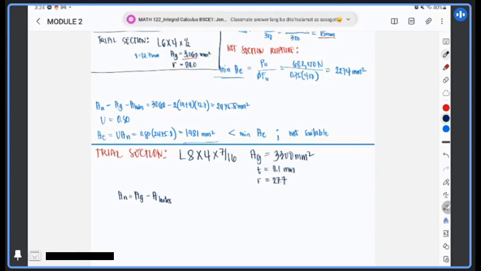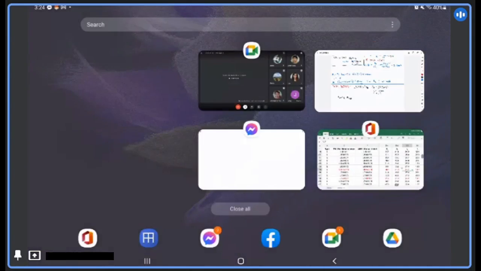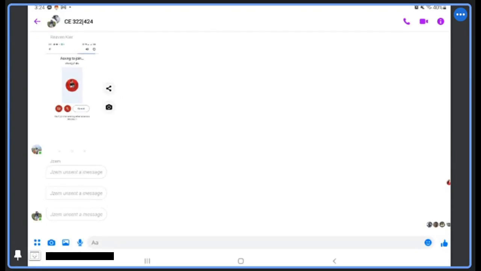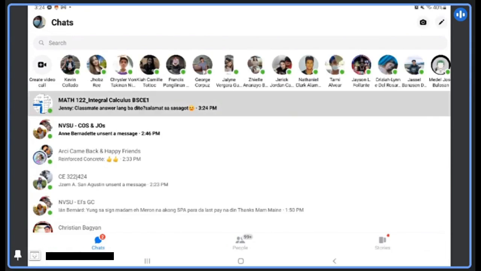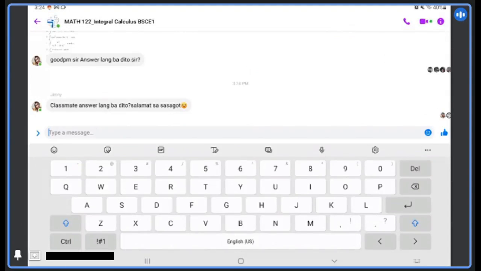Classmate, answer lang ba dito? Salamat sa sasagot. Sandali nga lang. Sagutin ko lang yung estudyante ko, class. Okay, huwag niyo munang babasahin. Anong sinabi ni JSM? Hindi ko nabasa. Hindi niya alam ang sagot. Classmate, answer lang dito.